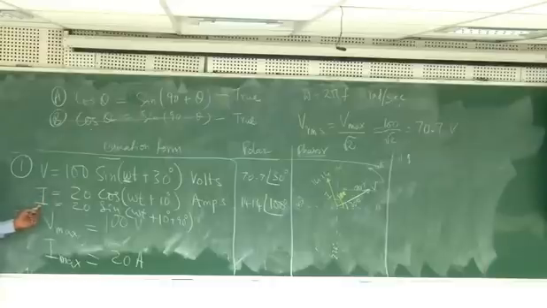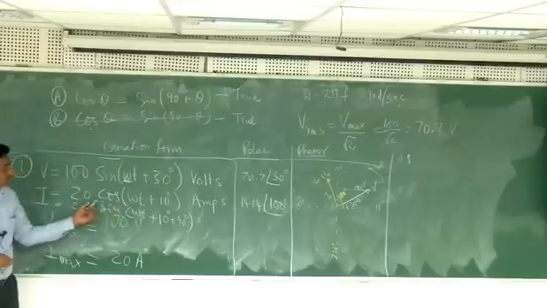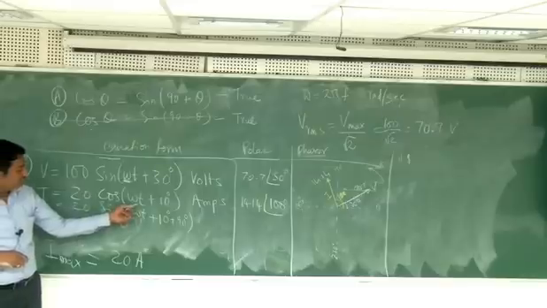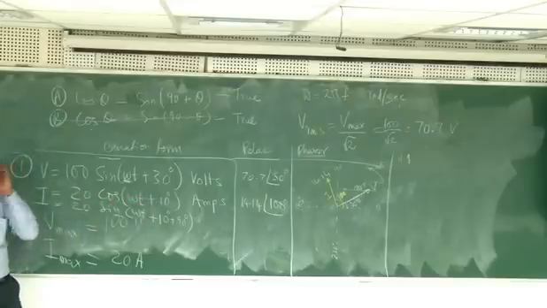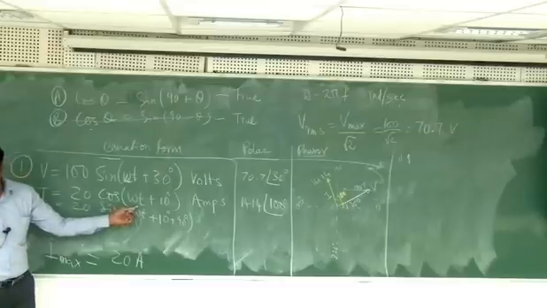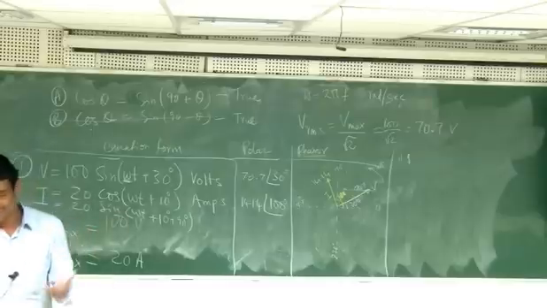Here also, look at the cos only. If t is increasing, at t equal to 0 we have cos 10 degrees, some value. If I start increasing t, whatever cos 10 degrees is, it will reduce. So if theta is increasing, cos theta is reducing.